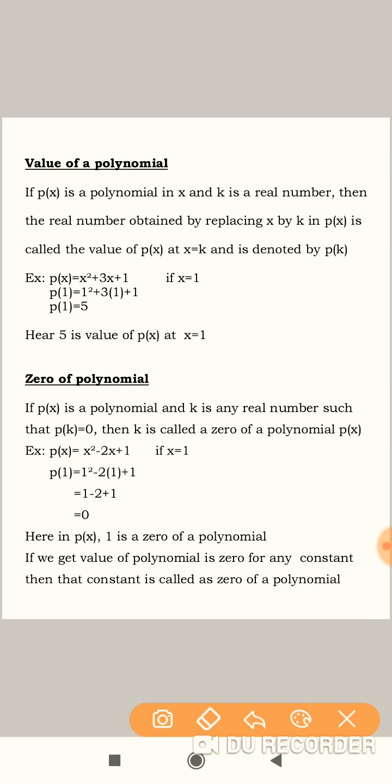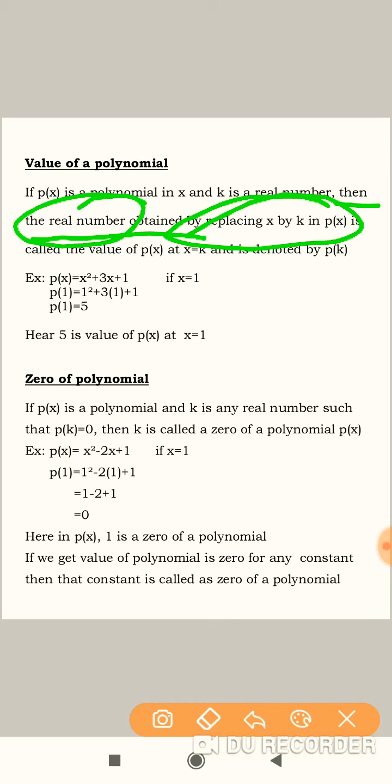Nothing is complex to understand here. p of x is any polynomial and x is replaced by the constant k. The number you get is the value of the polynomial.